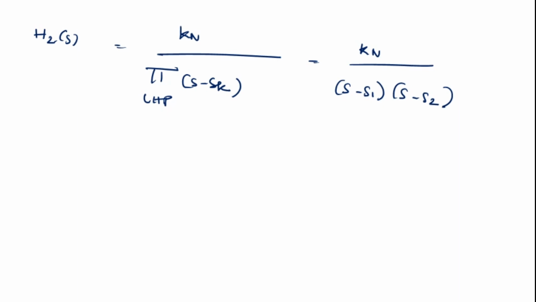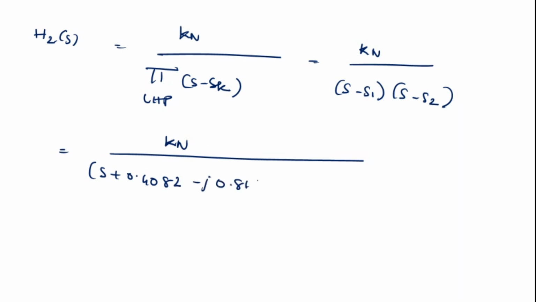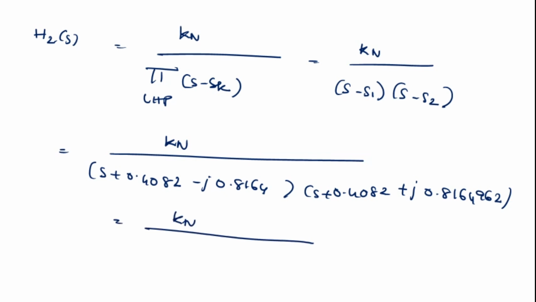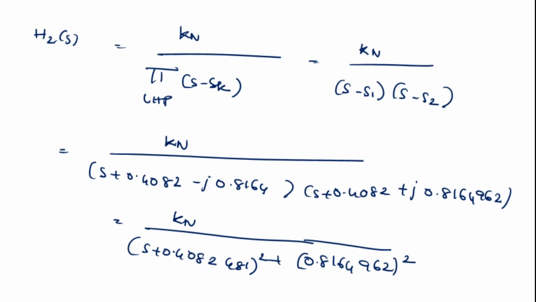That is Kn divided by (s plus 0.4082 minus j 0.8164) into (s plus 0.4082 plus j 0.8164962), which is equal to Kn divided by (s plus 0.4082481) whole square plus 0.8164962 whole square, which is equal to Kn divided by s square plus 0.8164962 s plus 0.8333.